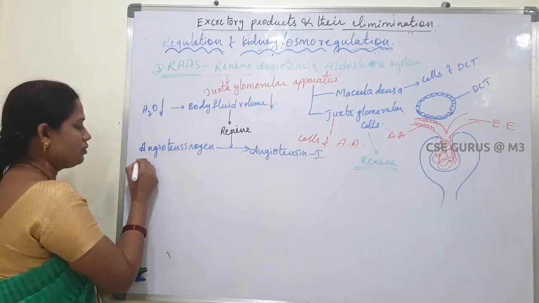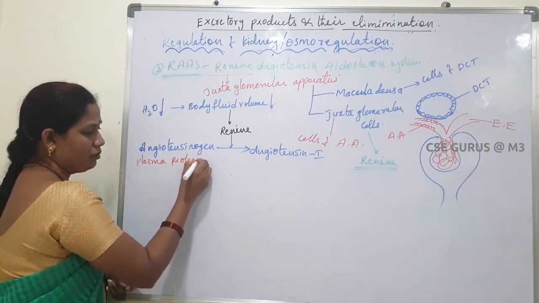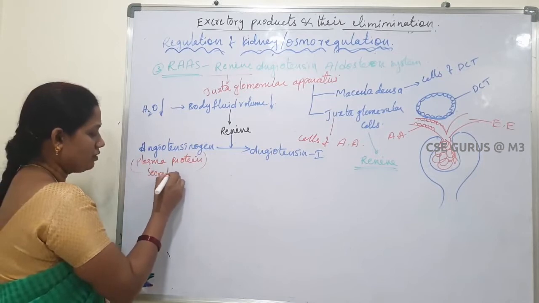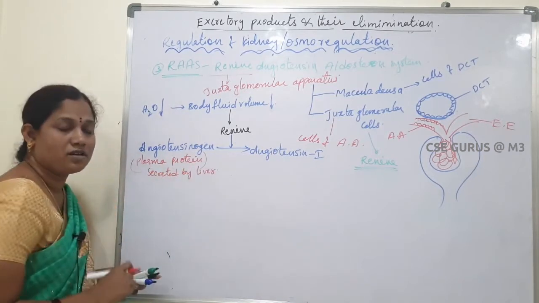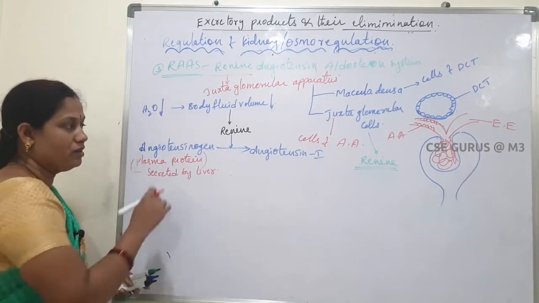Angiotensinogen is a plasma protein present in the blood. It is formed in the liver and secreted by the liver.